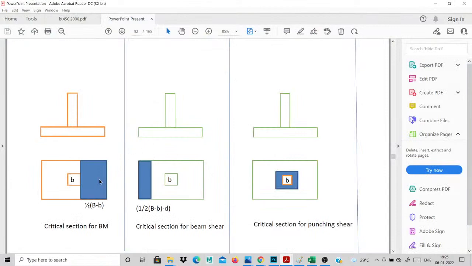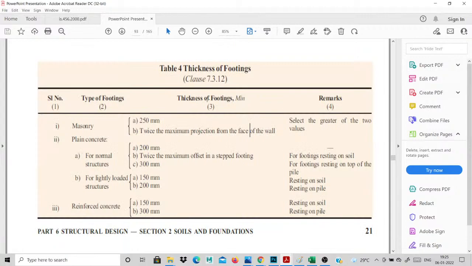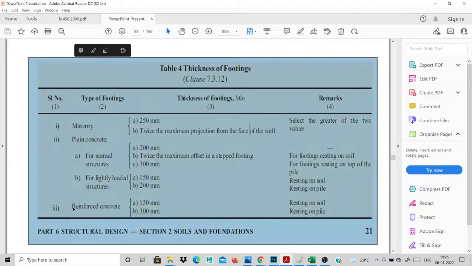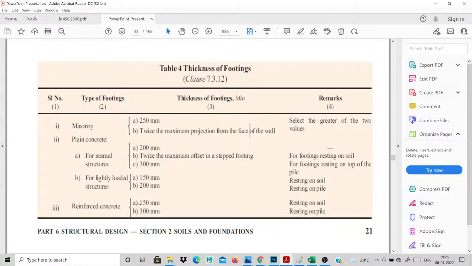Next, these are the checks for your footing: bending moment in this area, then one-way shear and two-way shear. This is the minimum thickness for your footing. The table is taken from the National Building Code, NBC 2016. For a lightly loaded structure, the minimum is 150 mm thickness. Then for a reinforced structure on resistant soil, the minimum depth of the footing is 150 mm, and for piles you go for 300 mm.